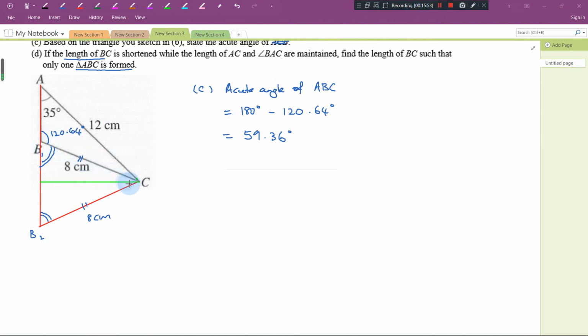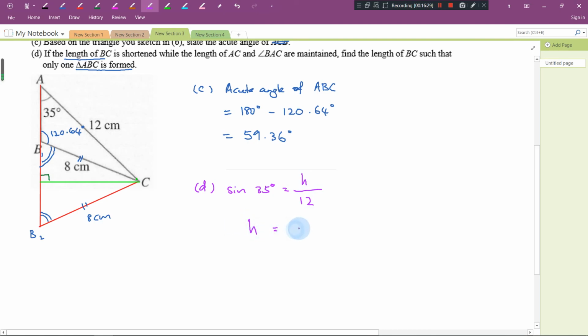When BC is equal to the height of this triangle, only one triangle can be formed. Now we are going to find the length here. How do we find it? You try to think. We can use sine, right? This is 90 degrees. This is part D. Sine 35 degrees is equal to SOH, opposite over hypotenuse, height over 12.